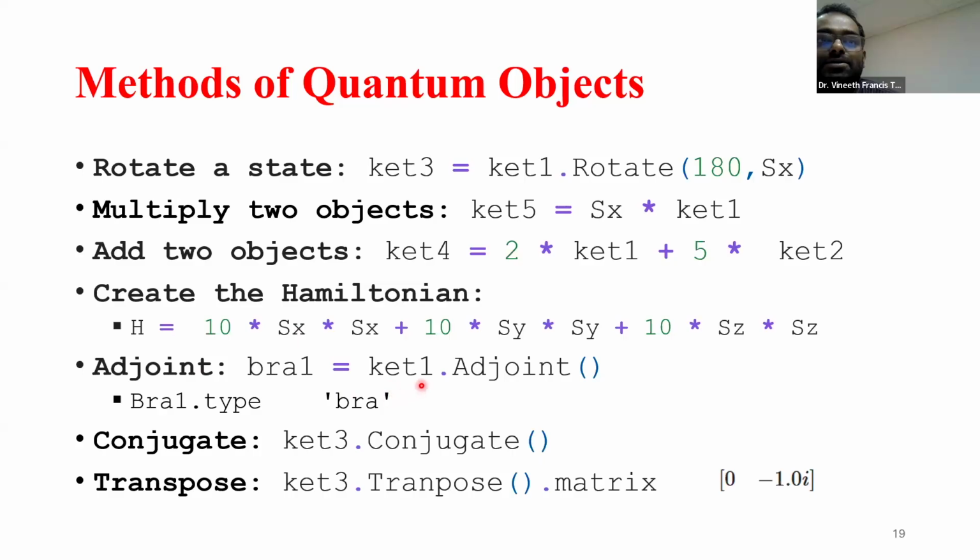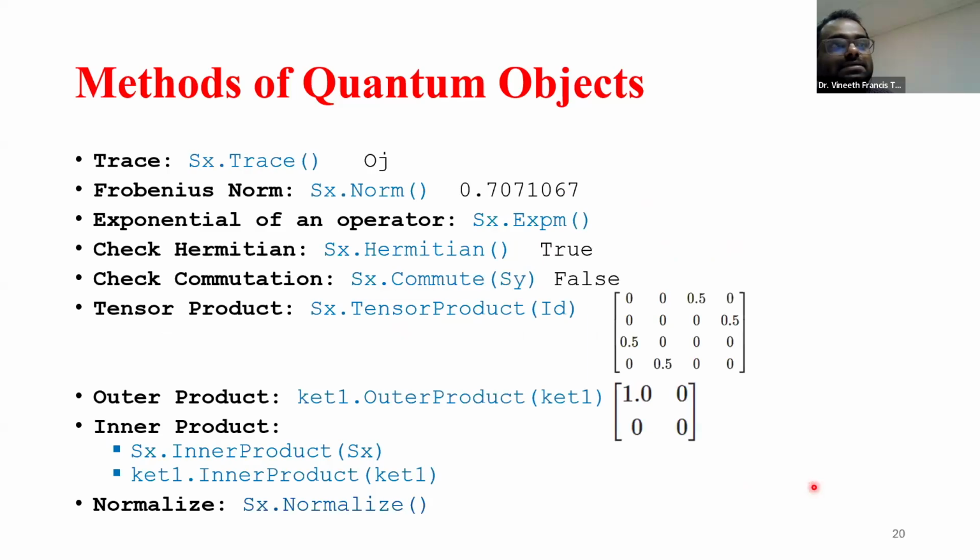Then you can use other properties like adjoint. You can take the conjugate. You can take the transpose. If you want to see the matrix, you can write dot matrix, and it will give you the matrix form. Other methods are: you can take the trace, you can find the norm.